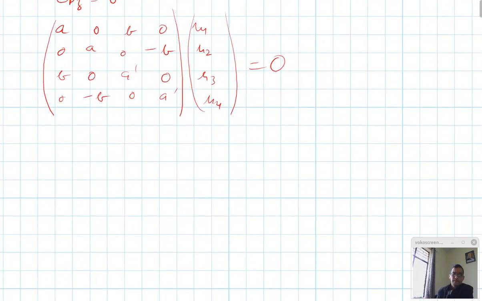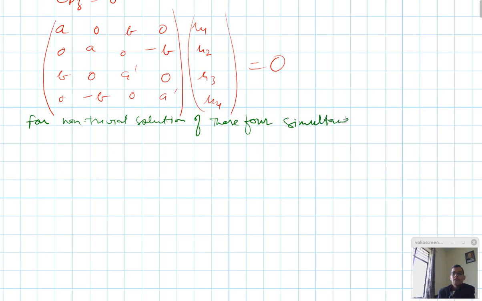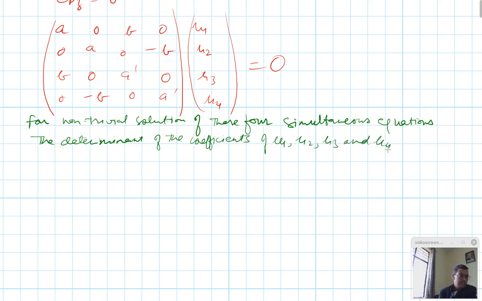So now for non-trivial solution of these four simultaneous equations, the determinant of the coefficients of U1 U2 U3 and U4 must vanish, right?